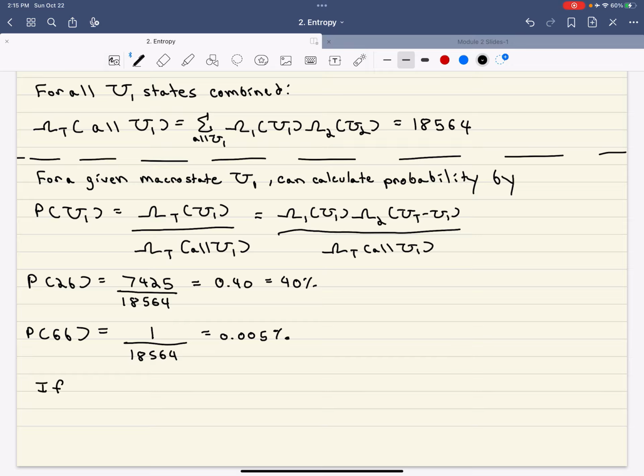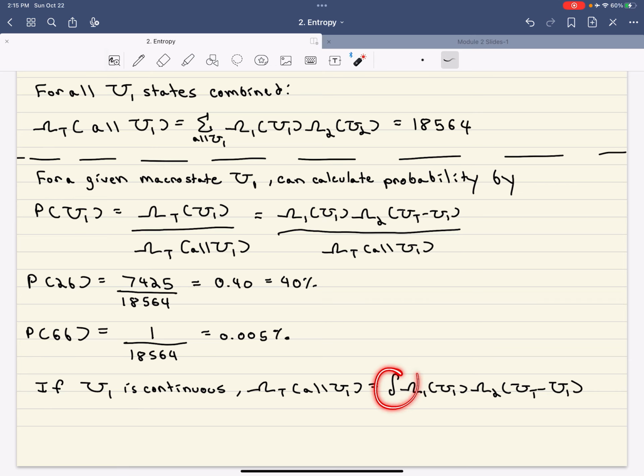But if U1 is a continuous value, if you're looking at a spectrum of energy values, then for calculating your omega t over all of your U1 values, you would just take the integral. Right? Because an integral is just the continuous form of taking a summation.